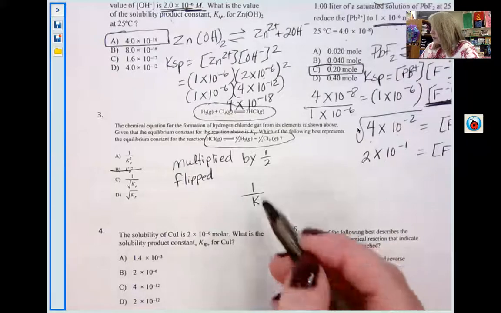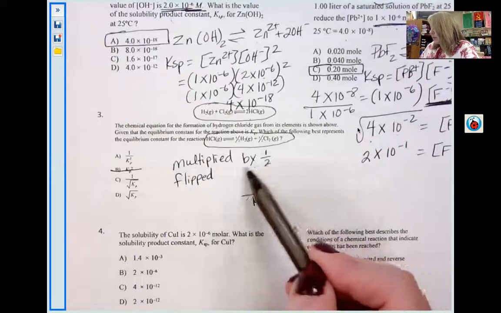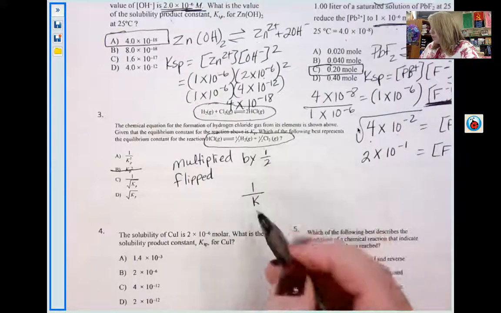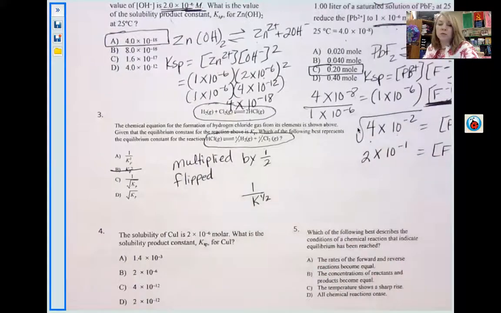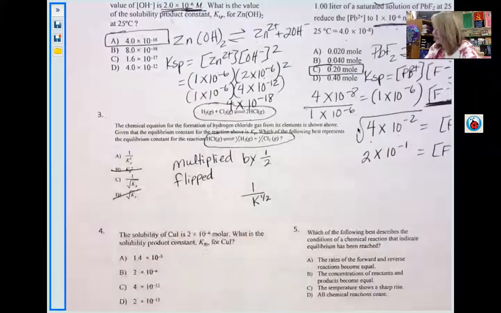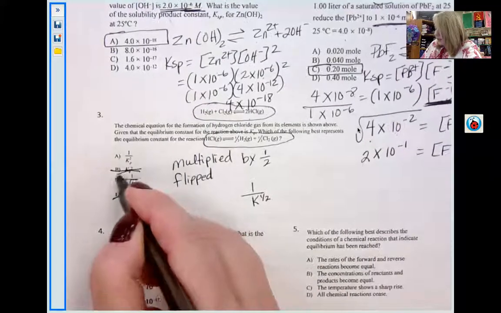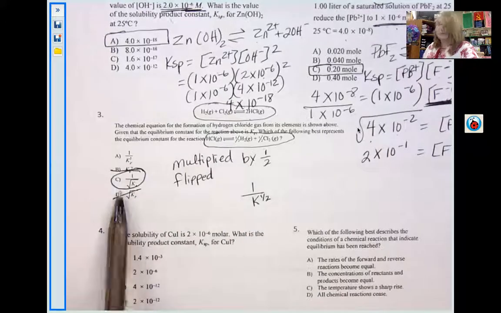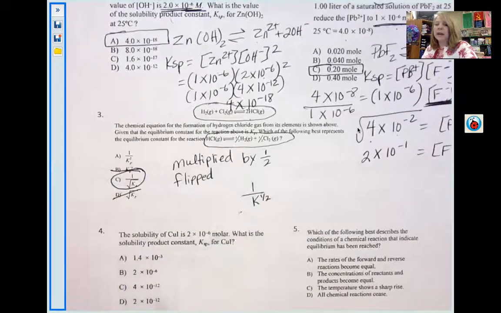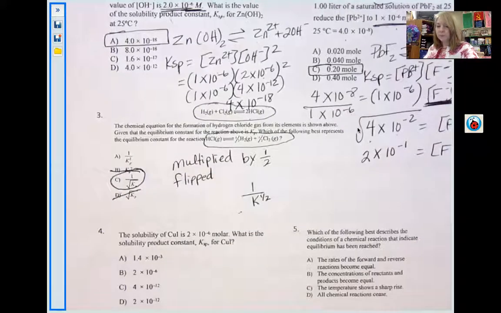And since we've multiplied by a factor, you raise your K to that same power, which would be the 1/2 power. And something to the 1/2 power is the same as taking the square root of that. So actually, I forgot to get rid of D there. So we're left with the correct answer of C for that question. C is the same thing as 1 divided by K to the 1/2 power.